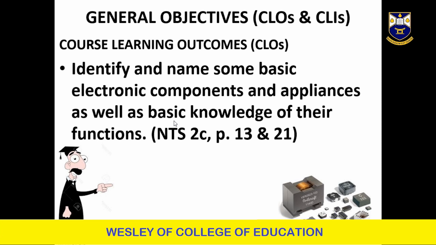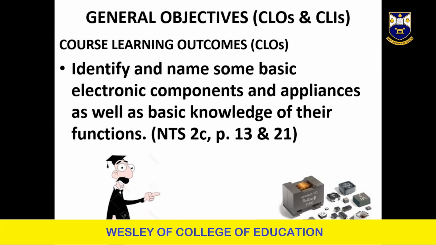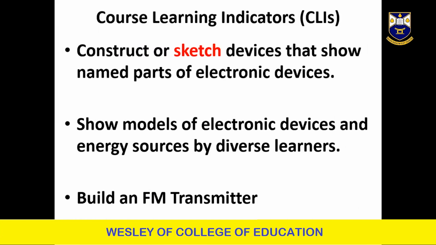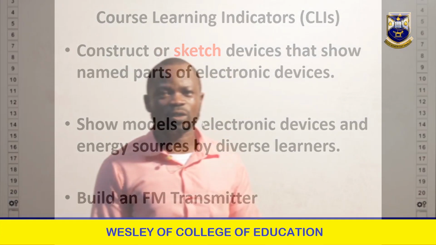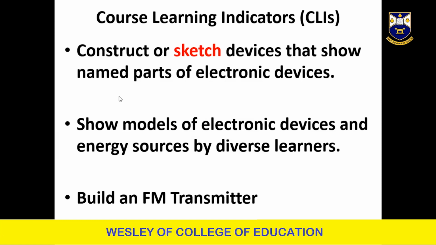We also, as the course learning indicators, would have to construct or sketch devices that show named parts of electronic devices. Again, you have to show models of electronic devices and the energy source that they use. And finally, we are building an FM transmitter.